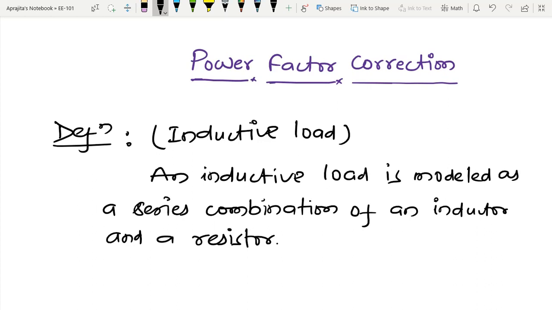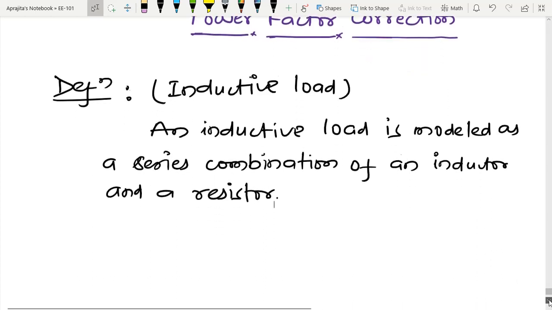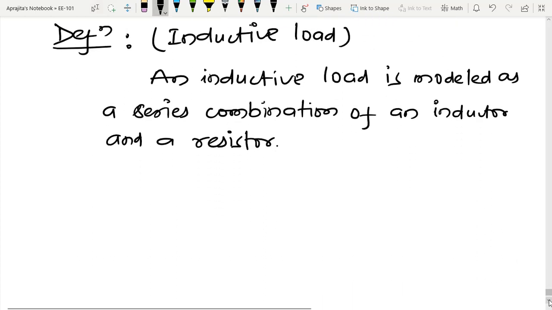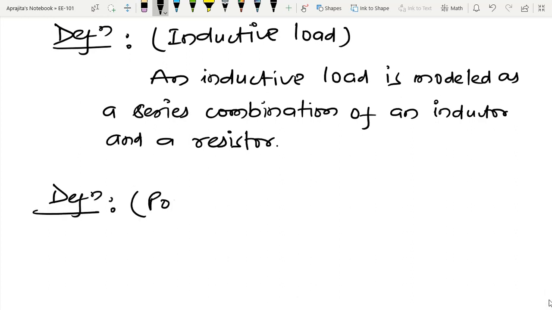Now let us try to understand the meaning of power factor correction. So let us define another definition, that is, the power factor correction.